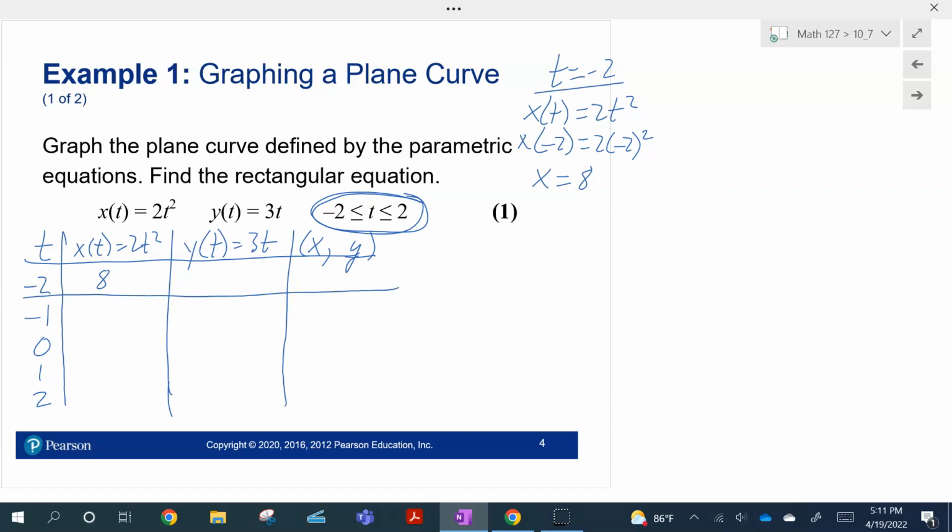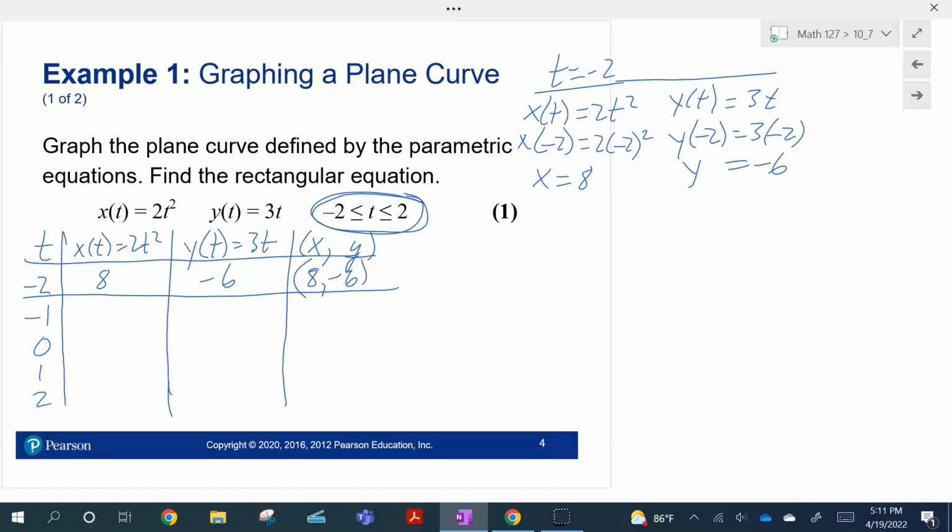And when t is -2, y of t is defined as 3t, so 3 times -2 gives us -6. So this has given us the ordered pair 8, -6.